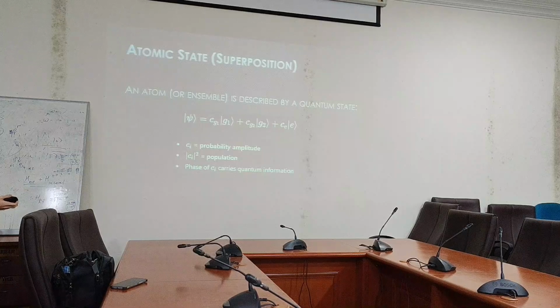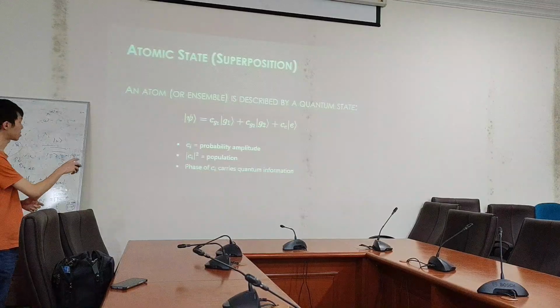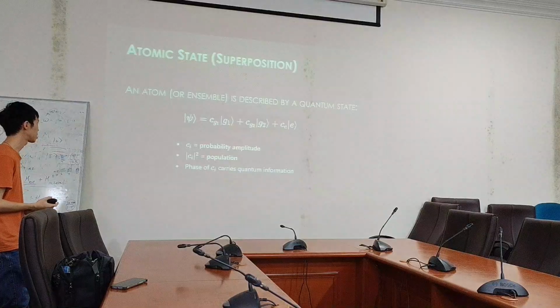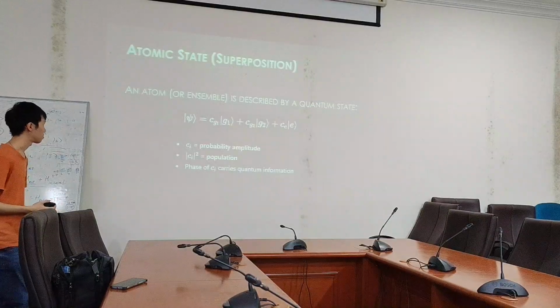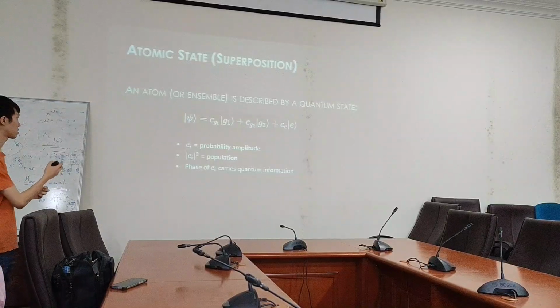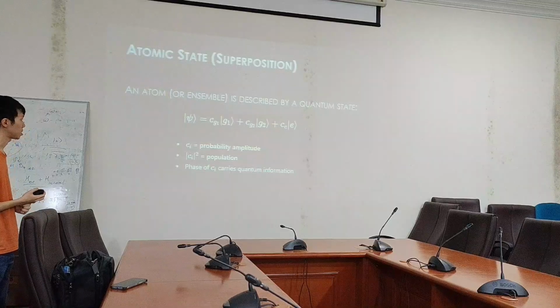The atomic state is in superposition. An atom or ensemble is described by a quantum state, like this one, for example. The magnitude of C squared is the population, and the single C is the probability amplitude.